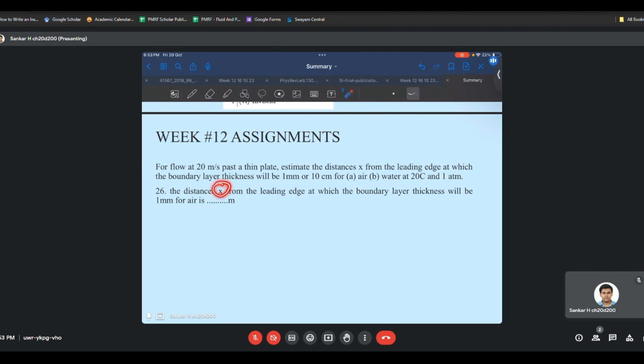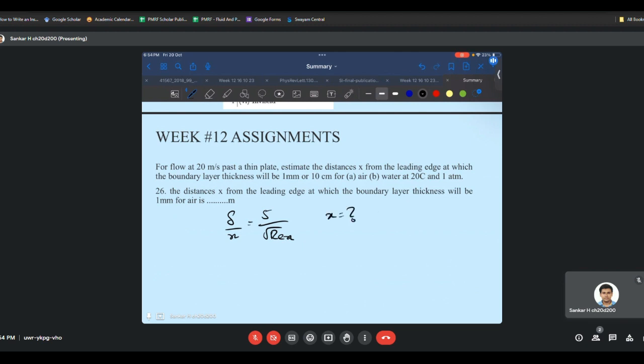So first we have to find the distance x at which the boundary layer thickness will be 1 millimeter. For that, all you have to use is delta by x equals 5 by square root Re_x. Here the only variable we have to find is x.